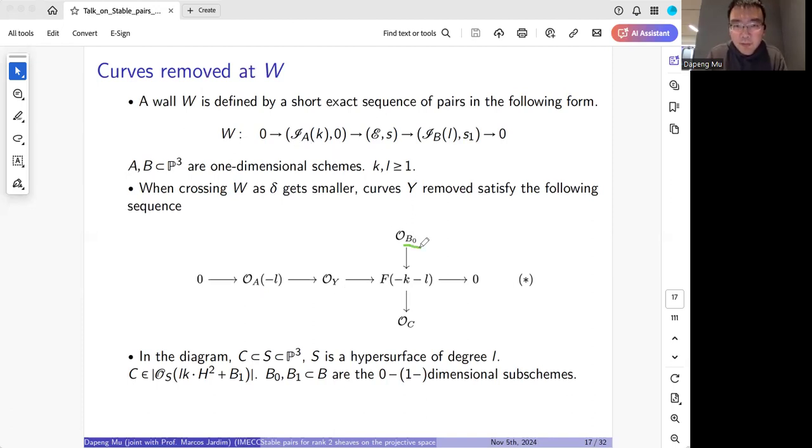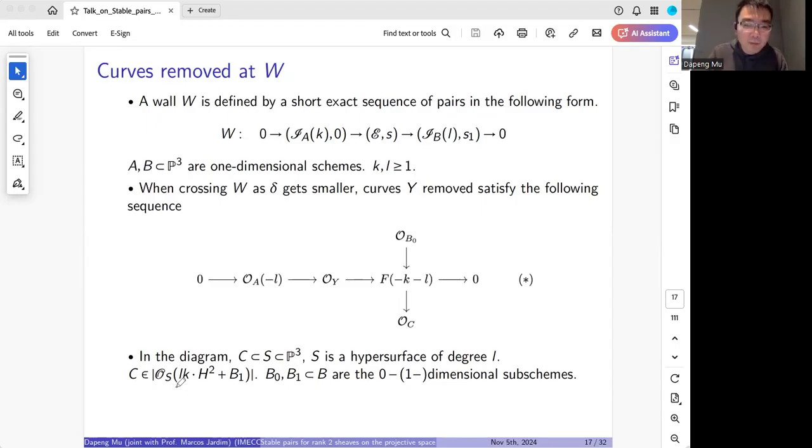This B0 is the zero-dimensional subscheme of B, the maximum zero-dimensional subscheme of B. This C is not the same as B. Here you will see I have a section of ideal B twisted by L. This one actually gives me a surface, a hypersurface S in P3 of degree L. So C is a curve contained in this surface S, but the degree of C is larger than the degree of B.